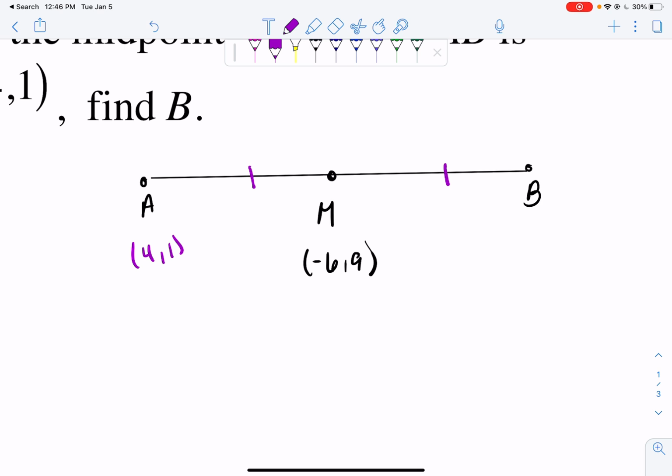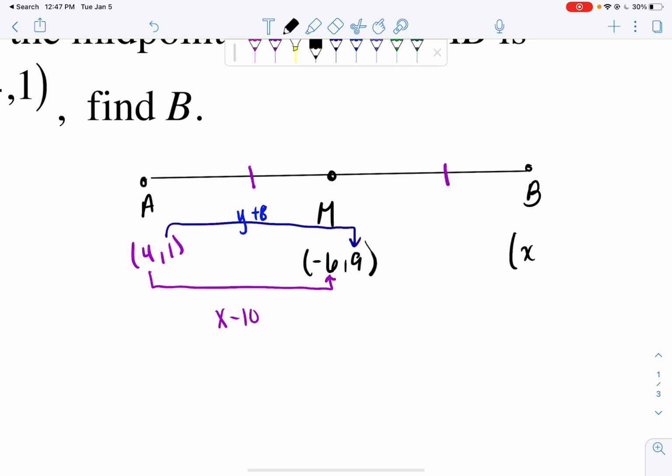So I have to ask myself, how do I get from 4 to -6? Well, to get from 4 to -6, I have to take away 10. And then to go from 1 to 9, I have to go plus 8. So I'm going to do that rule again. To find out what B is, to go from -6 to my new x value, I have to do -6 minus 10, which gives me -16.